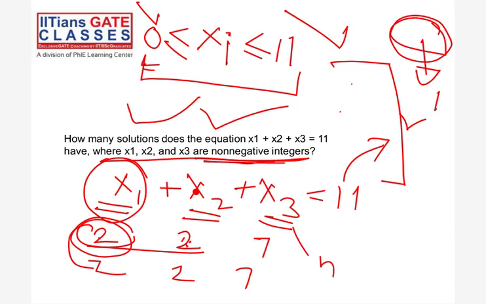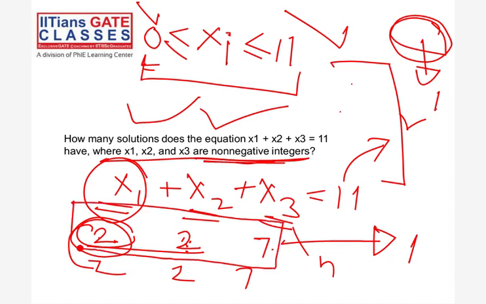Similarly here, if one solution is 2 plus 2 plus say 1, then there is only one solution of this kind. If I ask you how many solutions of this type are there, then there is only one. But remember, if I interchange this like this, 2 7 2, then this is a different solution. Why? Because you can see here the numbers have changed. Here it was 2 and here it was 7.